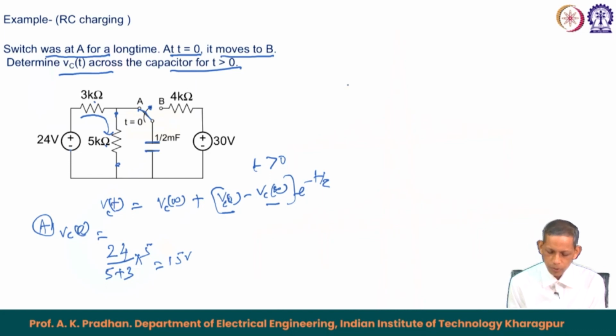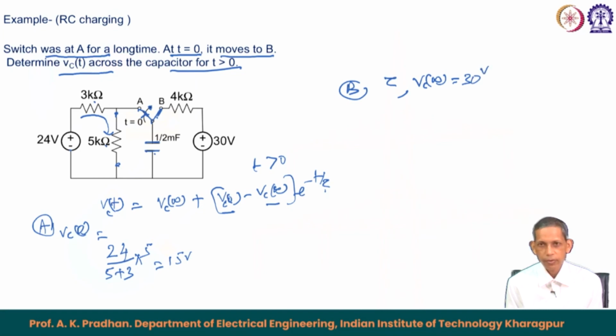Now we go to the circuit at position B, where we will find the time constant tau and VC(infinity). The switch now moves to this position, so this is no more there. The capacitor will be exposed to 30 volt, so in steady state VC(infinity) equals 30 volt. The time constant will be RC.